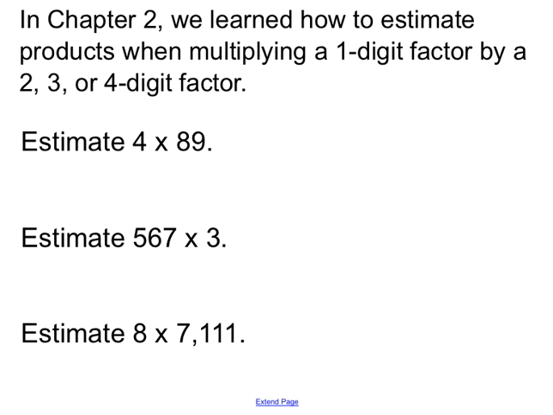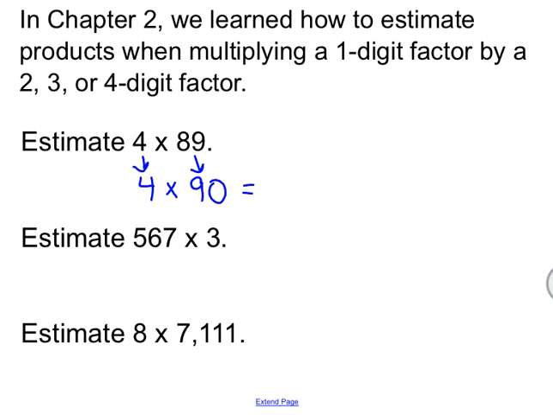So it says estimate 4 times 89. Okay, now this is a review of Chapter 2. So 4 times 89, the 4 stays, but the 89, since it's in the tens place, we're going to round to the nearest tens. So 89 rounded or estimated to the nearest 10 is 90. So now I have 4 times 90.